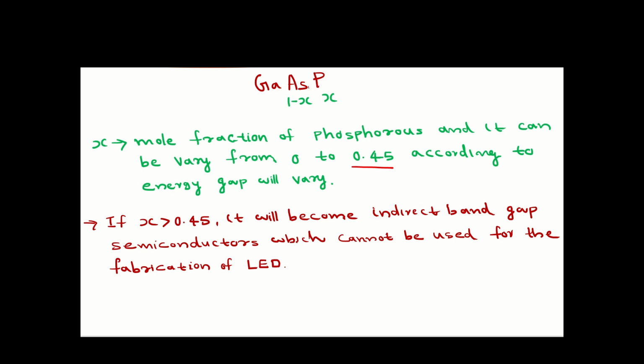Because if X is greater than 0.45, it will become an indirect band gap semiconductor, so I can't use it for the fabrication of LED. So the maximum value of X is limited to 0.45.